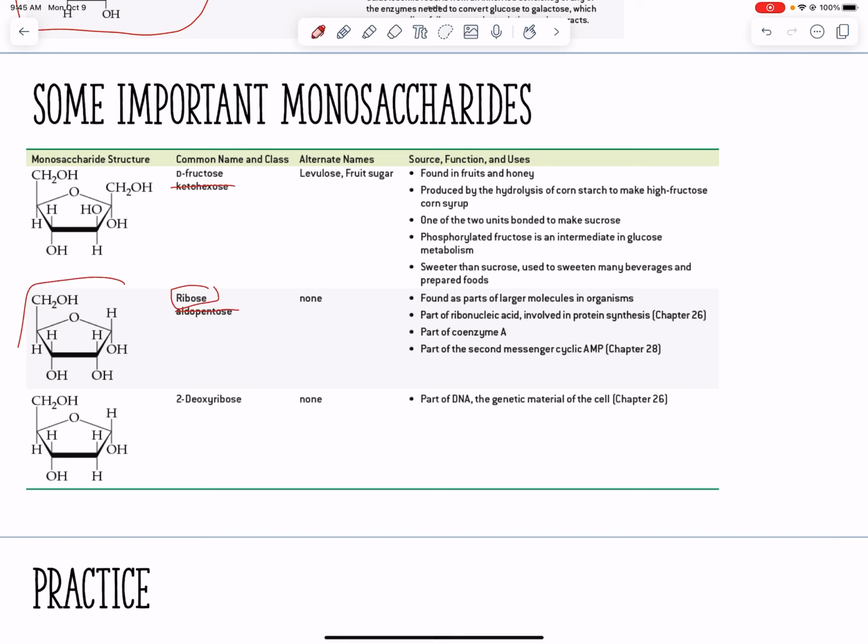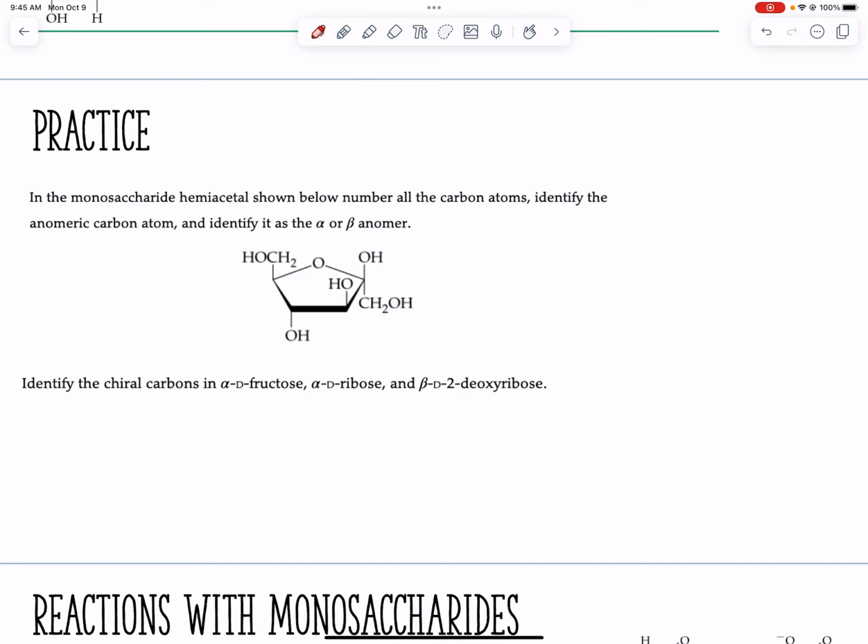So this one says, in the monosaccharide hemiacetal. I want to encourage you, if that word in and of itself doesn't bring a picture of a hemiacetal to mind, pause and go to the end of chapter 15 and review a few of those slides to remind yourself what a hemiacetal is. It is a carbon that has a hydroxyl group. Now, it doesn't matter what group is pointing where. What matters is the pattern of bonds all attached to this carbon.